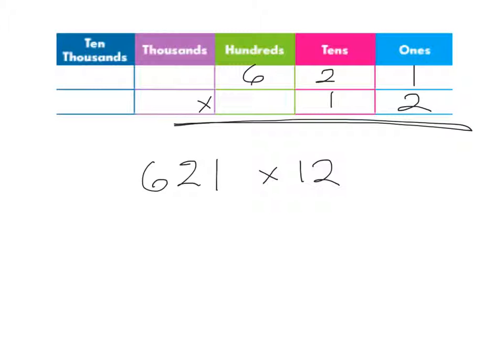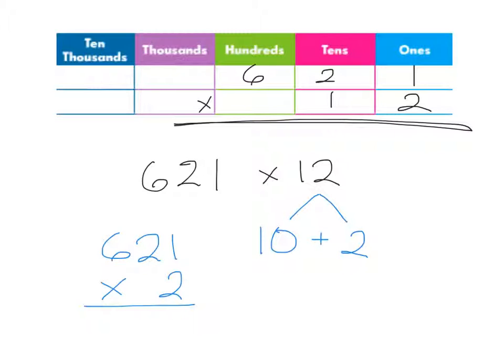All right, so we know that 12 is the same as 10 plus 2. So that means we can do two different multiplication problems. We can do 621 times 2, which we learned how to do in the last video, and we can also do 621 times 10, which we know how to do because this is a 0.